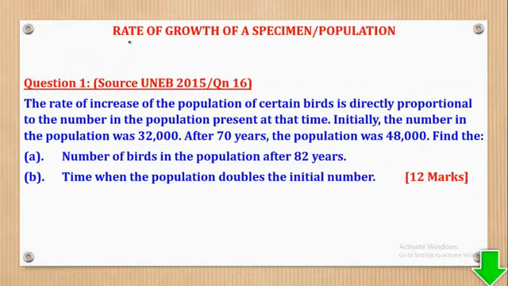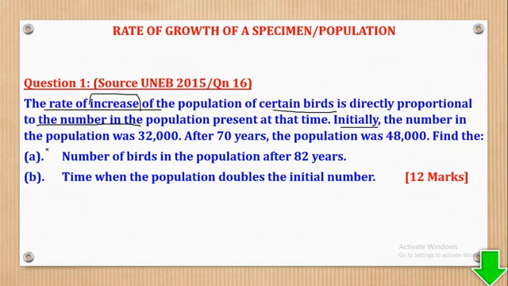So now we shall go to rate of growth of a specimen or population. And question 1 came from UNEB 2015, paper 1, question 16. It says that the rate of increase of a population of certain birds is directly proportional to the number in the population present at that time.